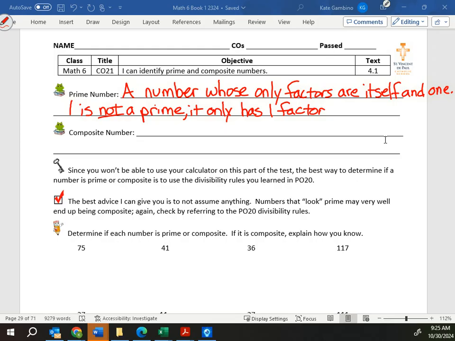If it's not a prime number, we call it a composite number. A composite number is a number with more than 2 factors.